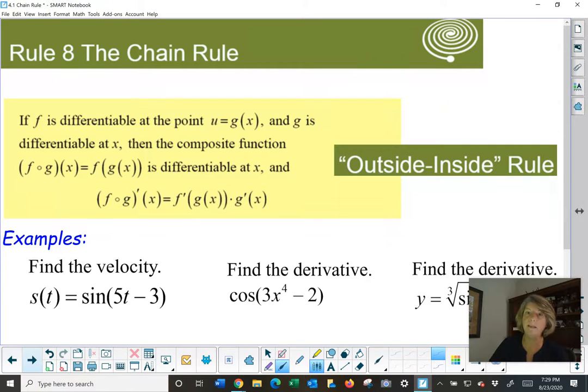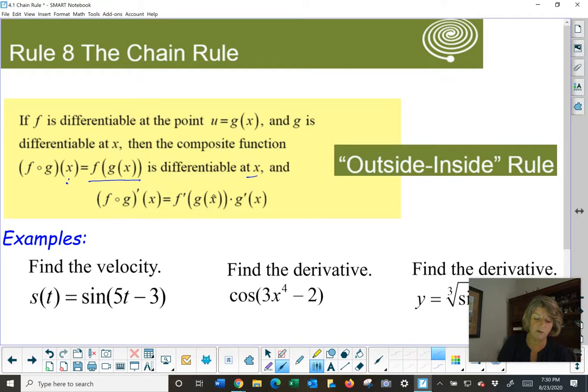So chain rule was a big deal when we encountered it in our AB last year. If f is differentiable at a point and u is equal to g of x and g is differentiable at x, then the composite function f of g of x is also differentiable at x.